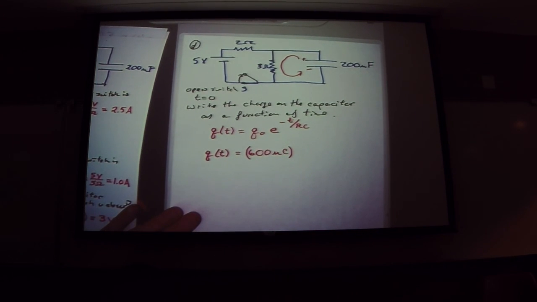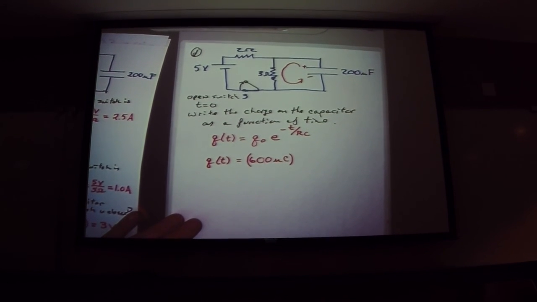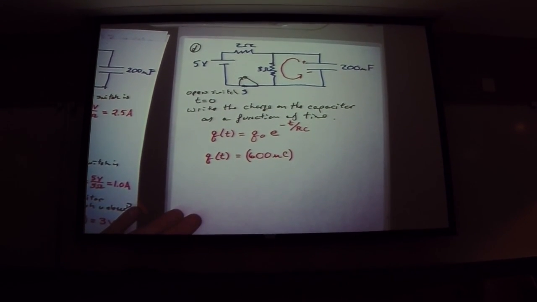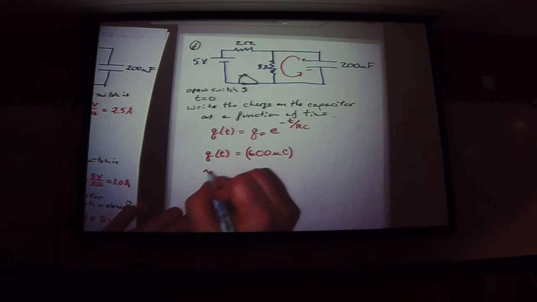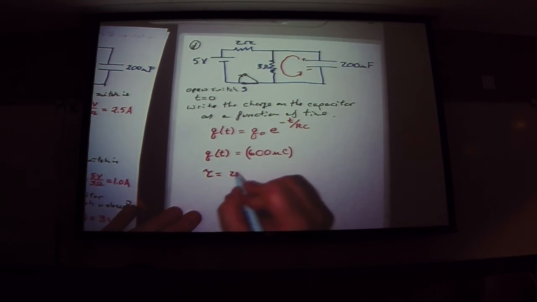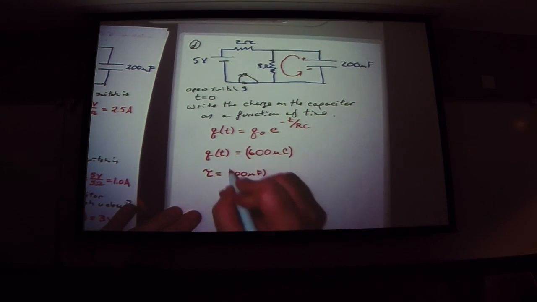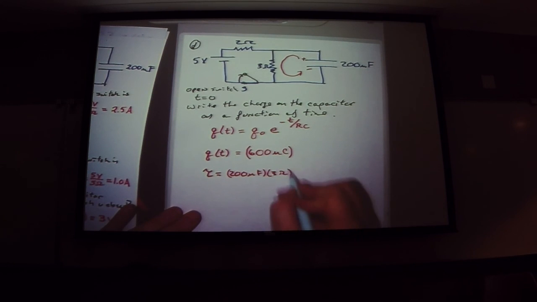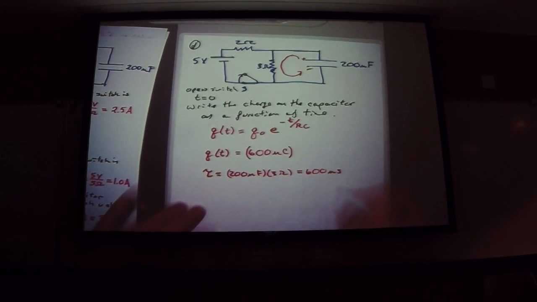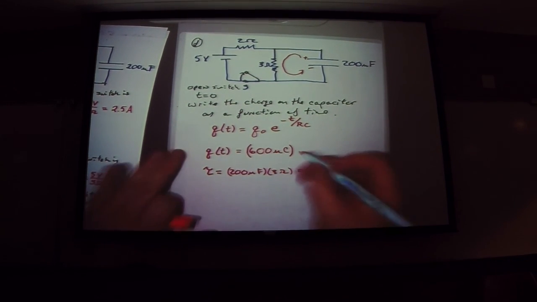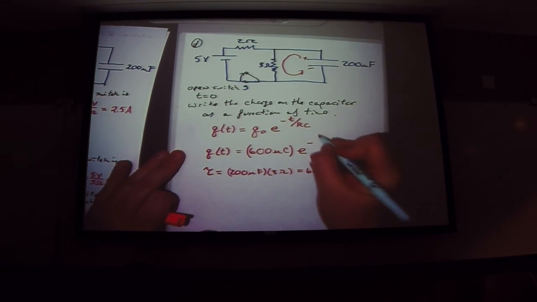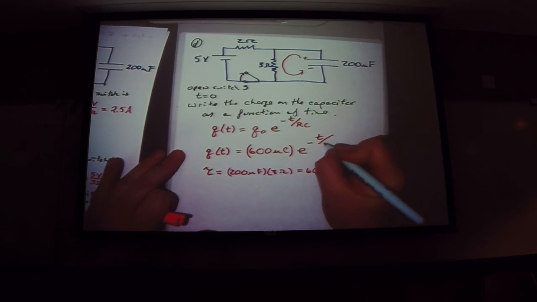So the tau in this circuit is equal to 200 microfarads multiplied by the 3 ohm resistor, or 600 microseconds. And so then I would simply write e to the minus t divided by 600 microseconds.